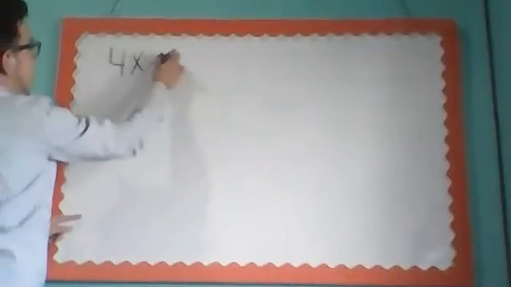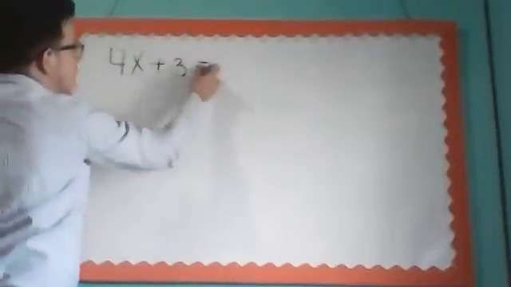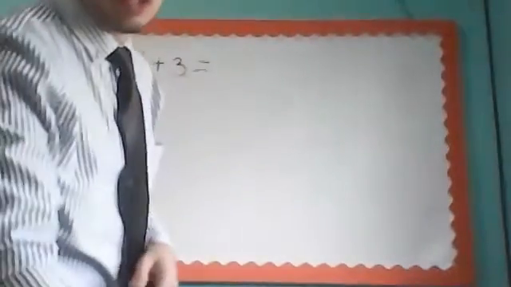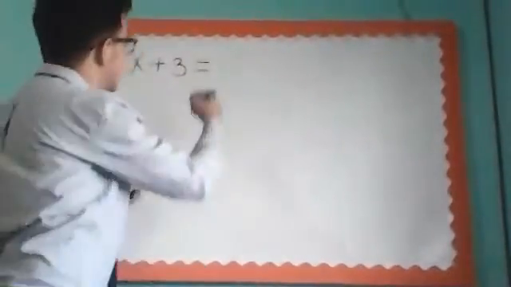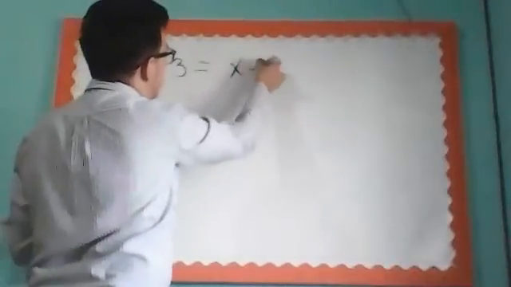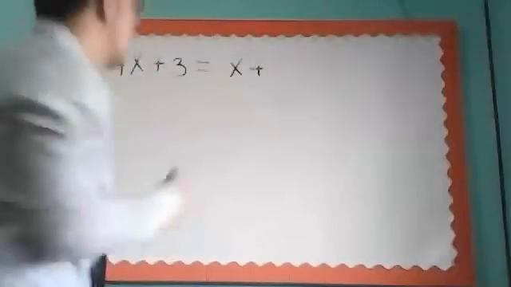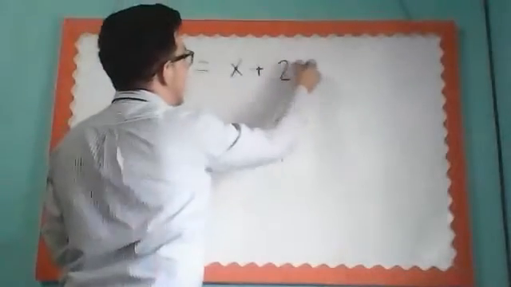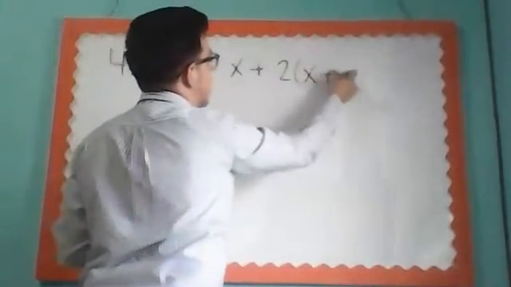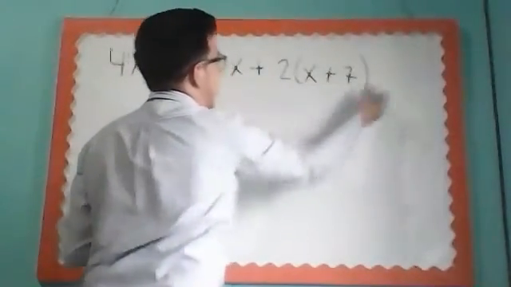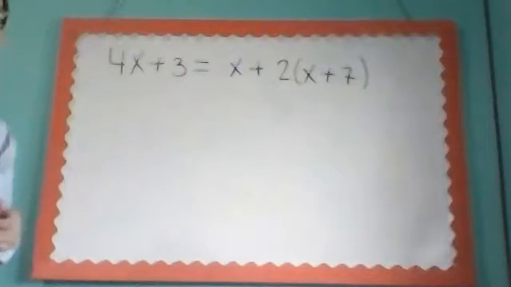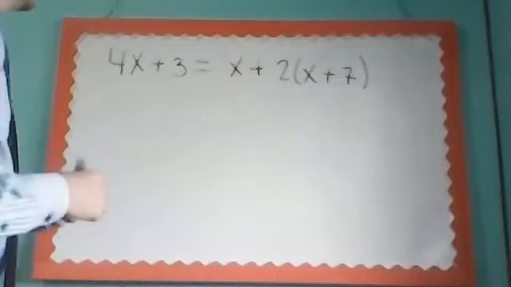You have 4x plus 3 equal x plus 2 times x plus 7. Okay, I think that you can see it very well.